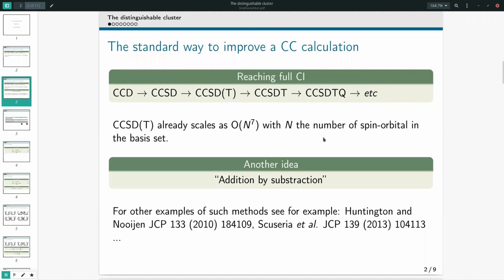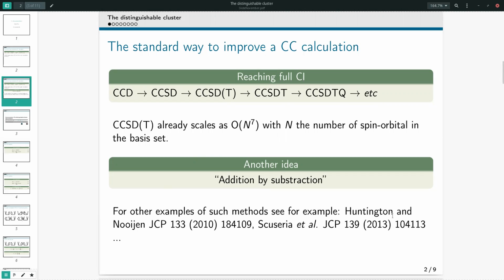Another idea is what Bartlett and his co-workers call addition by subtraction. It would be great that if we remove terms from our CCD or CCSD calculation, we get a higher accuracy, because the computational cost would be the same or even less, but with a better accuracy.